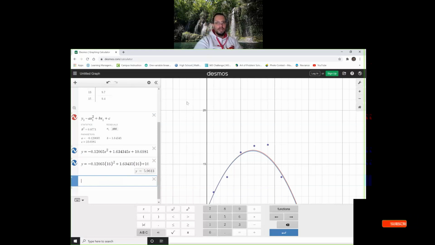So after 16 years, 5.9613 is the estimate.